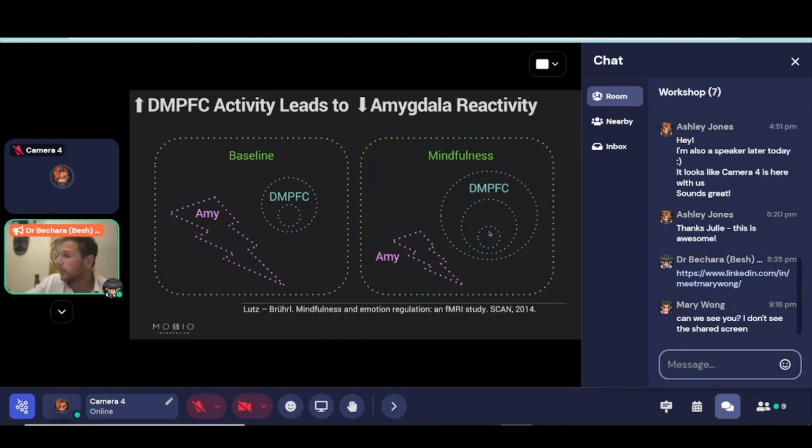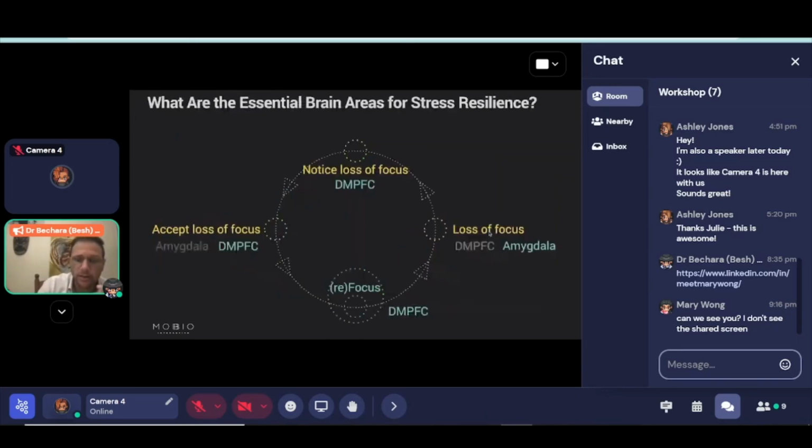I don't know how much time we have left. I don't need to rush or anything at all, but I do want to bring this back to the circle here. So we learned about two important regions: the dorsal medial prefrontal cortex, which we know is very much involved in focus. If we just do a simple subtraction of focus versus mind wandering, it's one of the four main regions that truly lights up reproducibly.